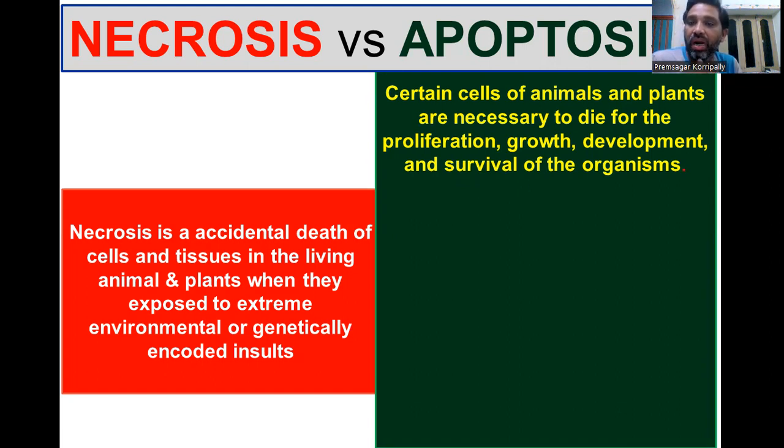So the other side, the other cellular death pathway, apoptosis, is necessary for certain cells in animals or plants to die so that proliferation, growth and development take place. The death of certain cells in a tissue or an organ or a system, they have to die.